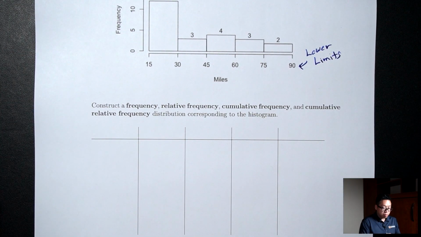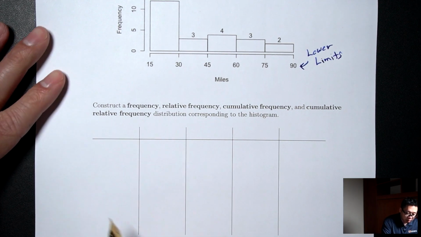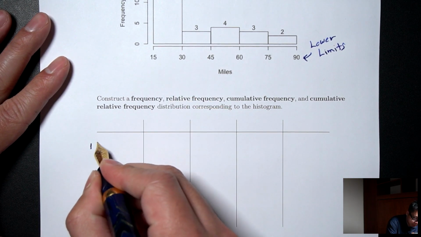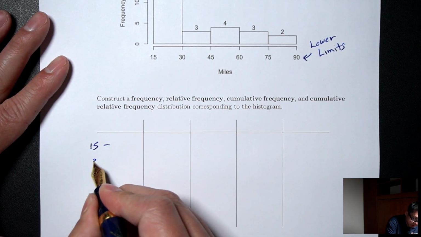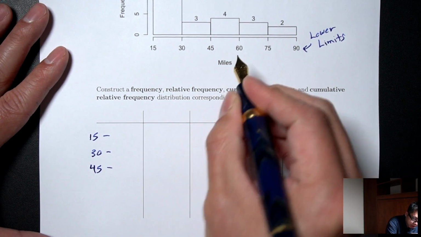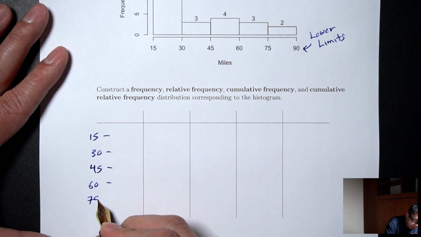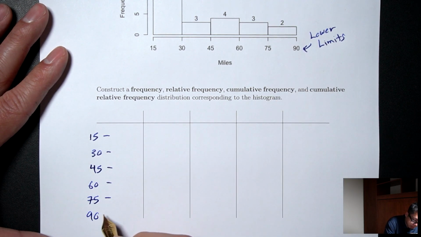And lower limits just means that these numbers are the lower number of each range, which in my ranges are going to be 15 to something, 30 to something, 45 to something, 60 to something, 75 to something, 90 to something.